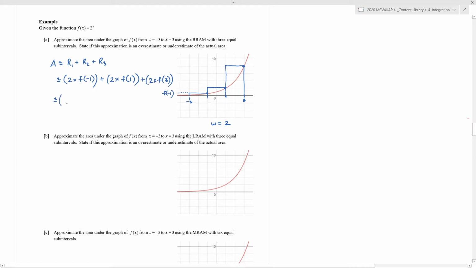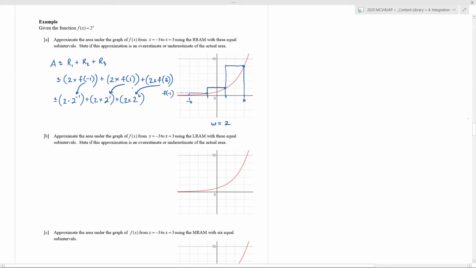So this would be 2 times 2 to the -1 plus 2 times 2 to the 1 plus 2 times 2 cubed, right? This is f at -1, this is f at 1, that's f at 3.